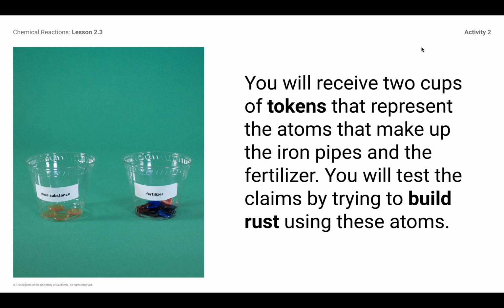I can almost hear you messing with those cups right now. Do not touch the cups. Put them on the tray. Leave them alone until I have given you your directions. All right, with your partner, you're going to test the claims by trying to build rust using these atoms.